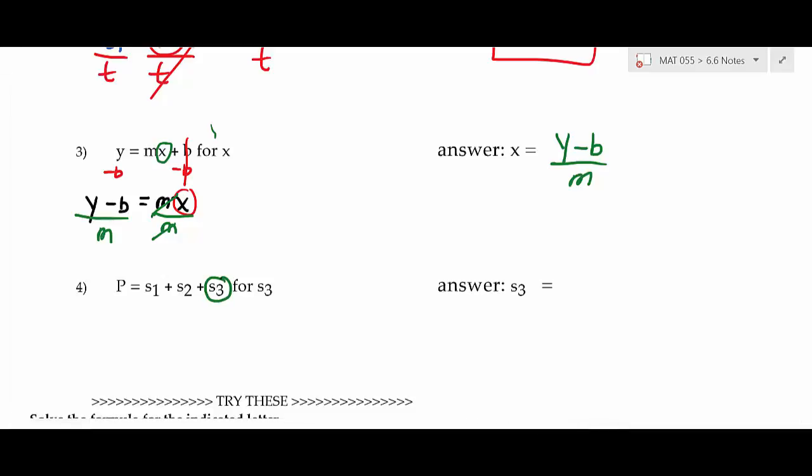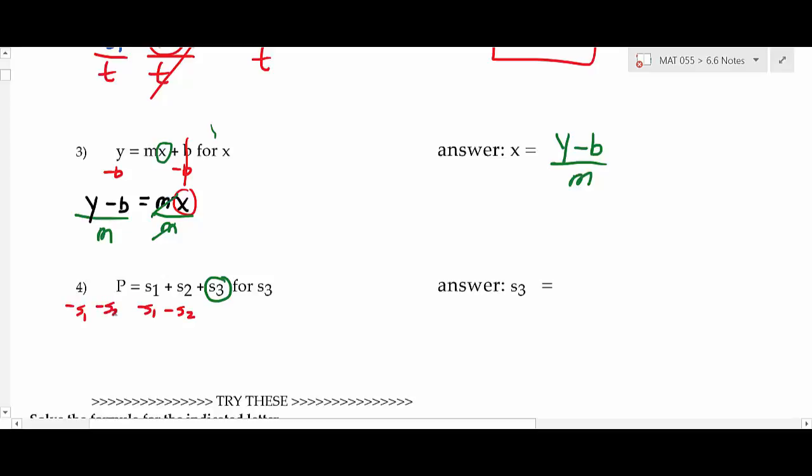How do you get rid of adding? You subtract. So if you're going to get rid of adding an S2, you're going to subtract it. You're really adding an S1, so you're going to subtract it also. And you can just do that at the same point in time. You can write your step a couple of ways, and it's good to have some flexibility.